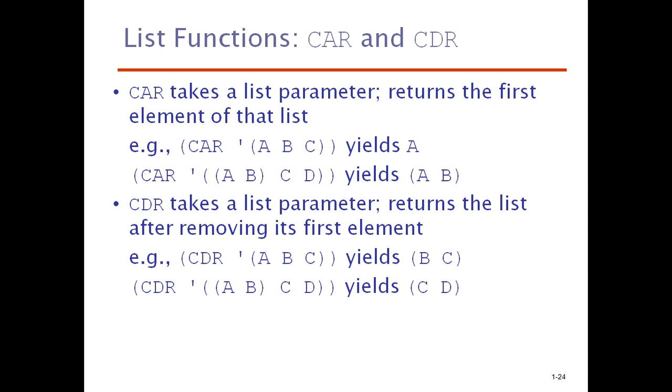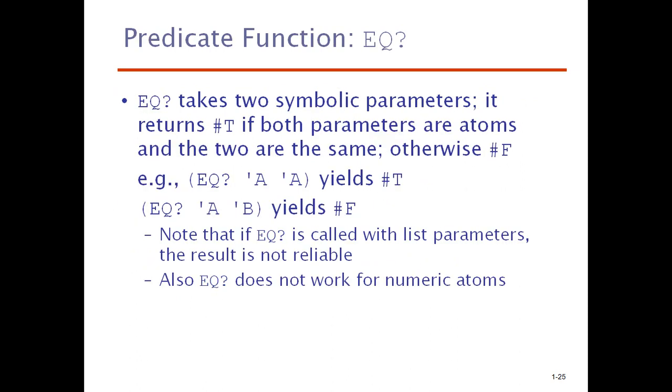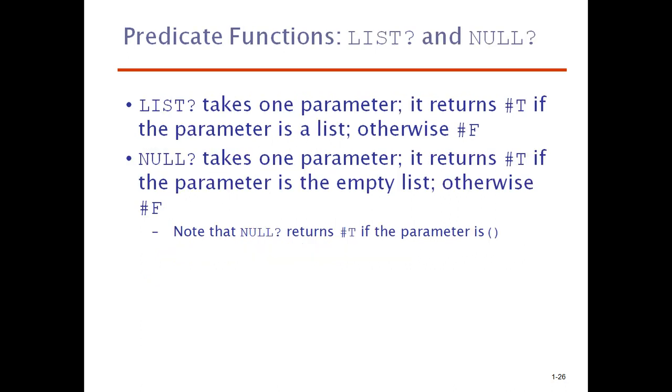Also, we have seen predicate functions such as equality, and list, which checks whether a given input is a list or not, and null, which checks whether the input given is a null list or not. These things we have seen in the last lecture. In today's lecture, we are going to see some more things.